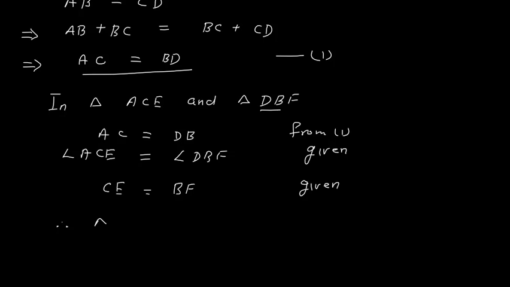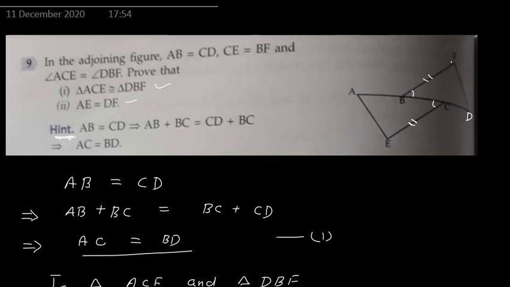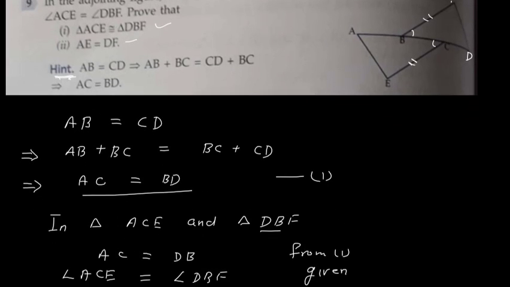So therefore we have triangle ACE congruent to triangle DBF. The criteria is side angle side criteria. So by side angle side criteria, these two triangles are congruent.